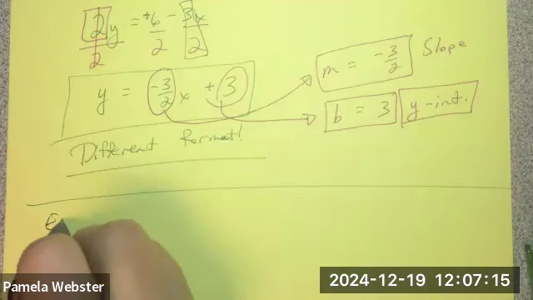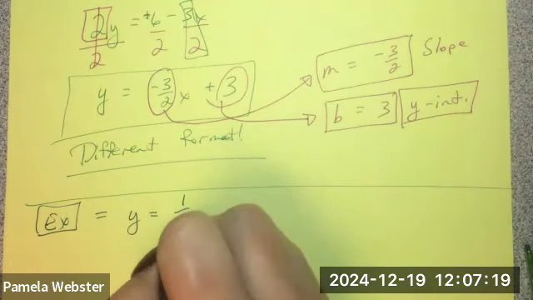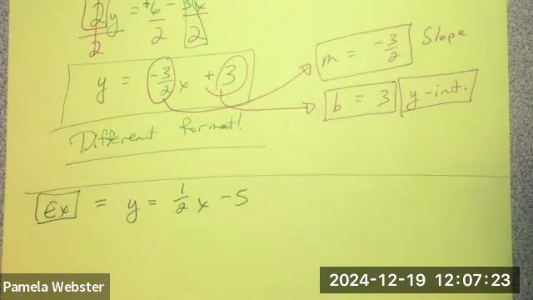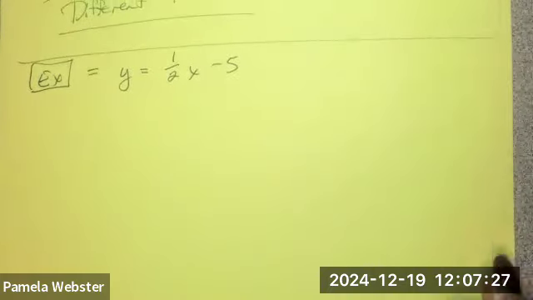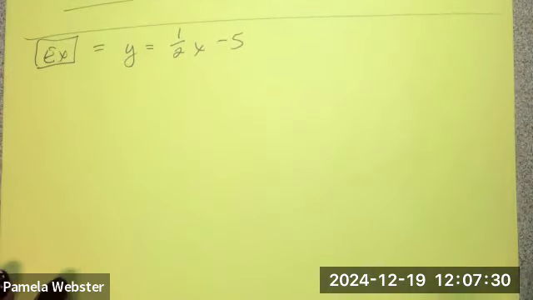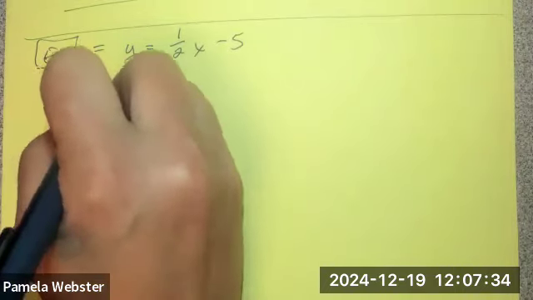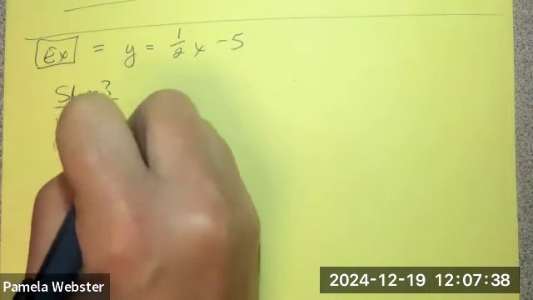So y equals 1/2 x minus 5. That's my new example. I want the slope, the y-intercept, and a graph.